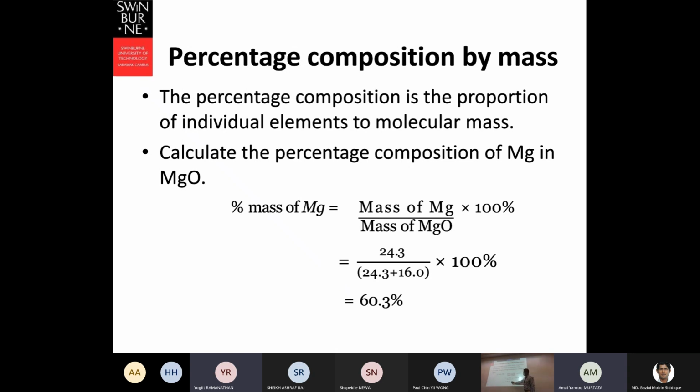So 60.3% of magnesium is in magnesium oxide. The rest, almost 40%, or 39.7%, is oxygen, right? But looking at it, can we tell how many percentage? It looks like 50-50, right? But it depends on the mass of that element.